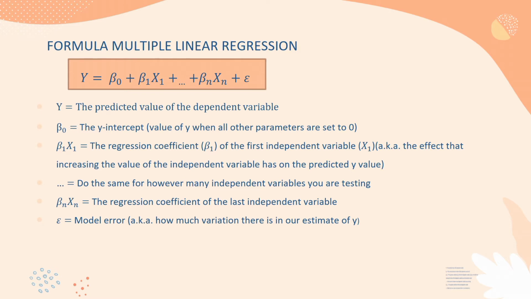And next, beta n xn is the regression coefficient of the last independent variable, and the last one is the error term, which is the model error, or we can say how much variation there is in our estimate of y.